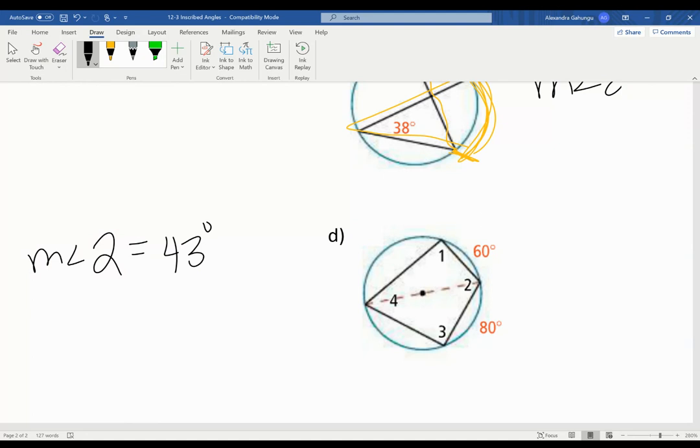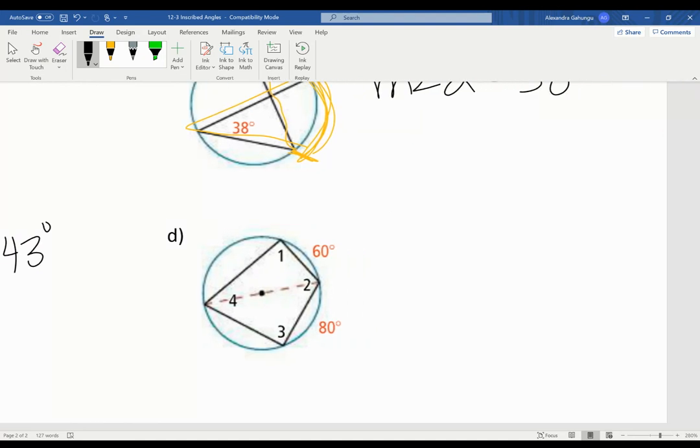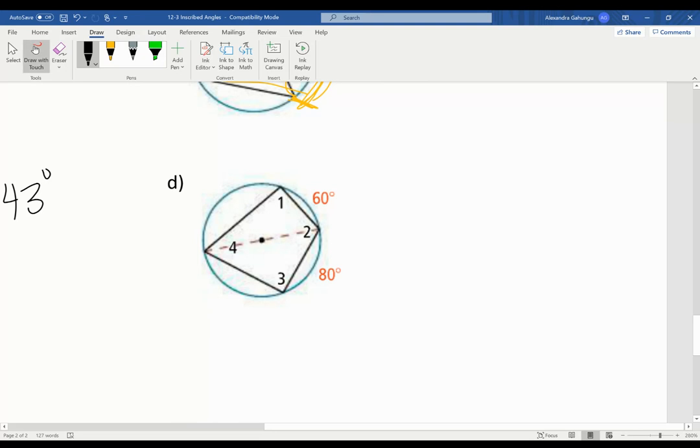Last example, we're going to use our other corollaries here. We're going to use both corollaries, actually. So our shape here, we're in a quadrilateral, so we'll probably have to use the whole supplementary idea. Opposite angles are supplementary.